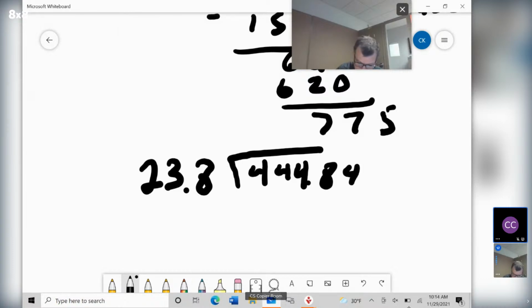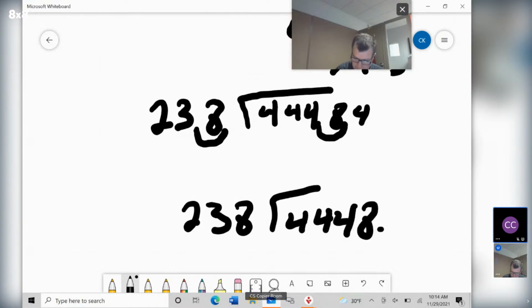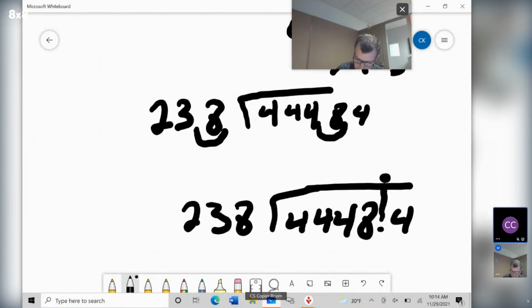What you want to do is we want to move this decimal place one to the right and that one to the right. Okay, so then we would have 238 into 4408.4. And the first thing you want to do is move this decimal place up there. So we know where the decimal is going to go.